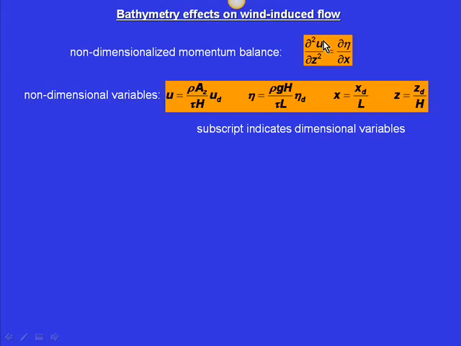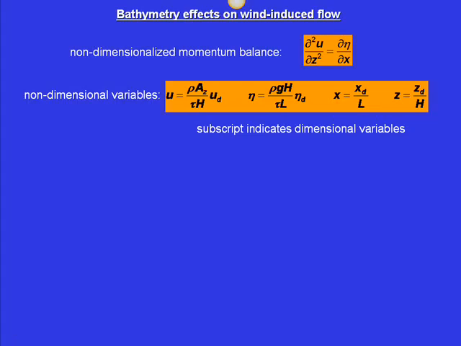What term in the momentum balance has a double derivative of U with respect to Z? The friction term, right? The diffusion term, if you want, or the stress divergence term. So that's what this represents. How about this one? What term in the momentum equation has a surface elevation slope? Pressure gradient. So we have a momentum balance, the same momentum balance that Wong solved. Exactly the same momentum balance.